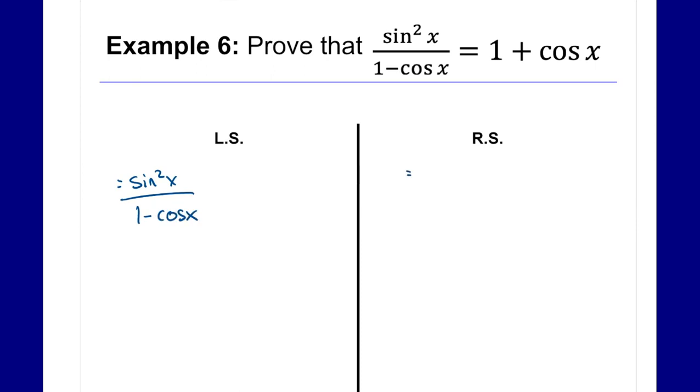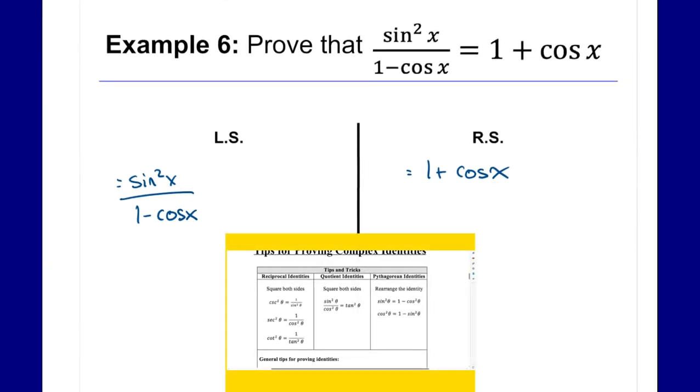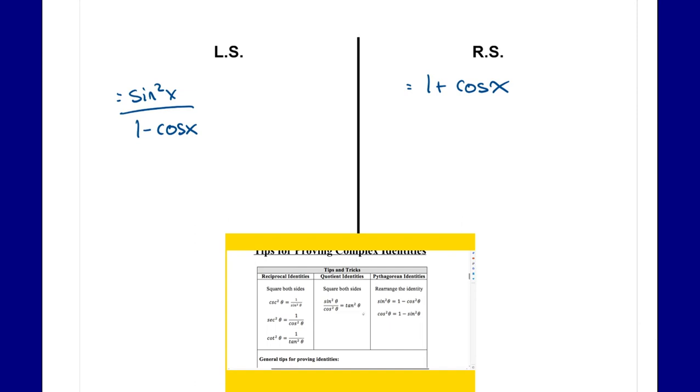And on the other side, we have 1 plus cos x. Right, so let's see what we can convert. We have a cosine on the one side, we have sine on the other side, and cosine. We probably want to get rid of that sine squared. So looking at my identities, where do we see sine squared? Okay, we see it as 1 minus cos squared x.